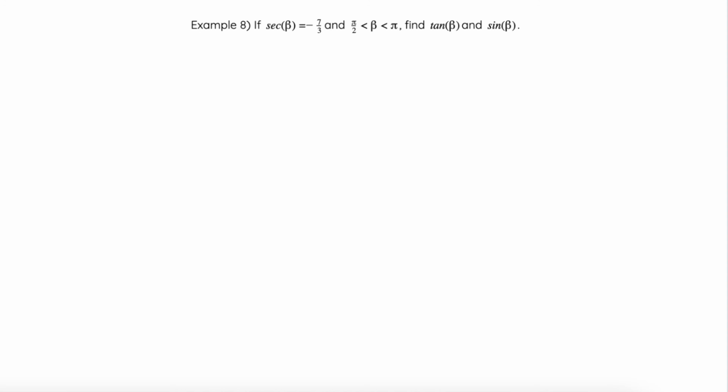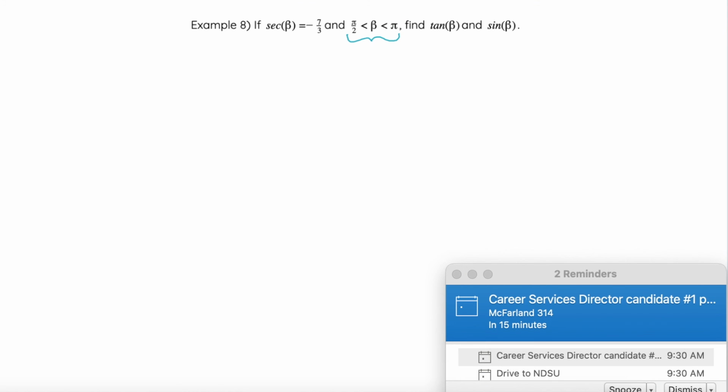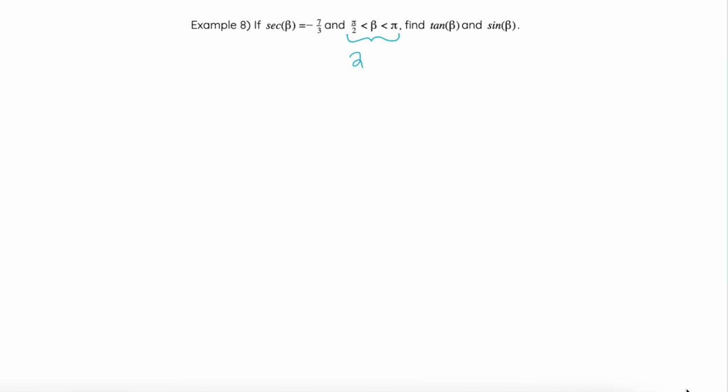I don't think we'll have time to do all of the Pythagorean identity, so we'll just focus on the visual version here. Well, if I think about in radians, where is pi over 2 to pi? Pi over 2 to pi is in the second quadrant. So we're going to be over here somewhere.